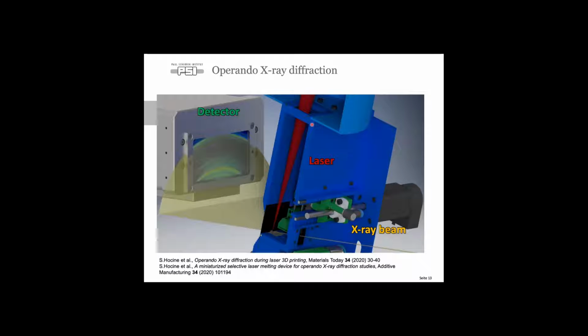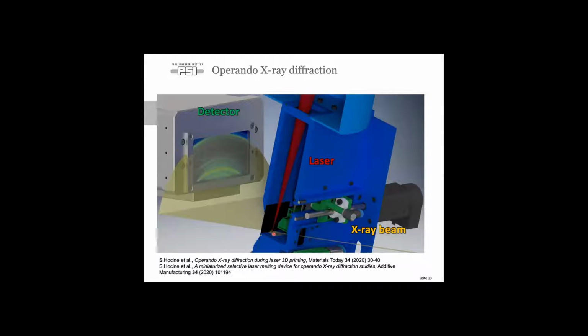So we start off with the diffraction mode, shown here in a schematic. We have our X-ray beam, which is focused down to a few tens of micrometers. It goes to the back of our machine onto the powder bed. Here you can see why we have to tilt our machine. Otherwise, we do not have access to the powder bed with our X-ray beam, because the beam is parallel at a synchrotron.